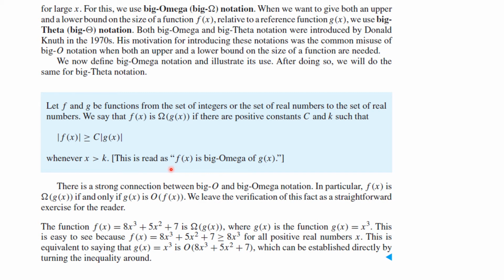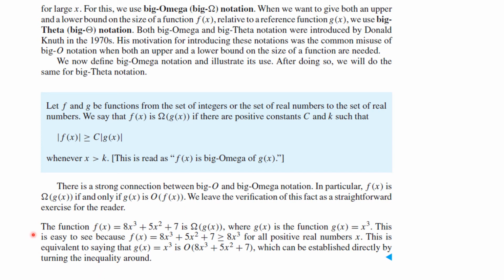And so the way you read this again is f of x is big omega of g. Now there's a strong connection between big O and big omega. In particular, f of x is omega of g of x if and only if g of x is big O of f of x. Again, you want to think about this, and you can verify this using just the definitions.